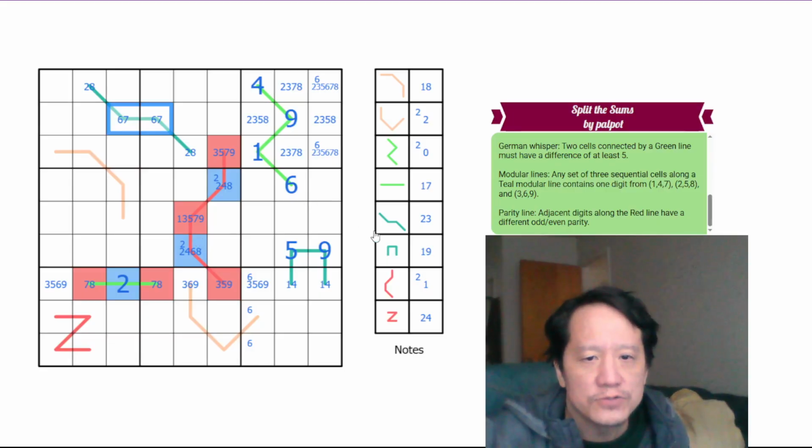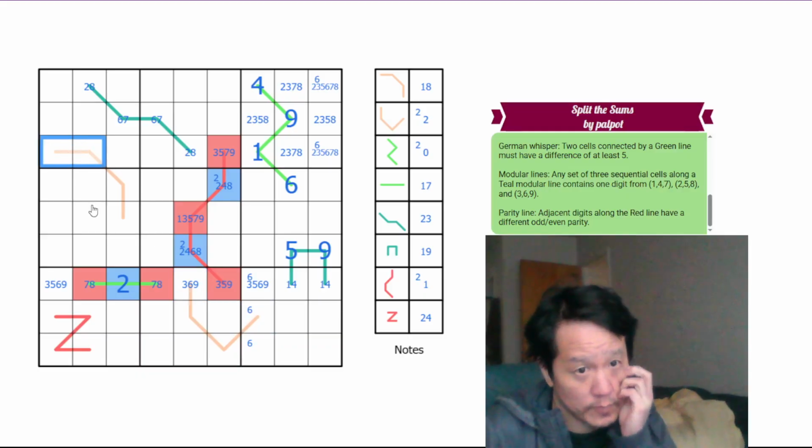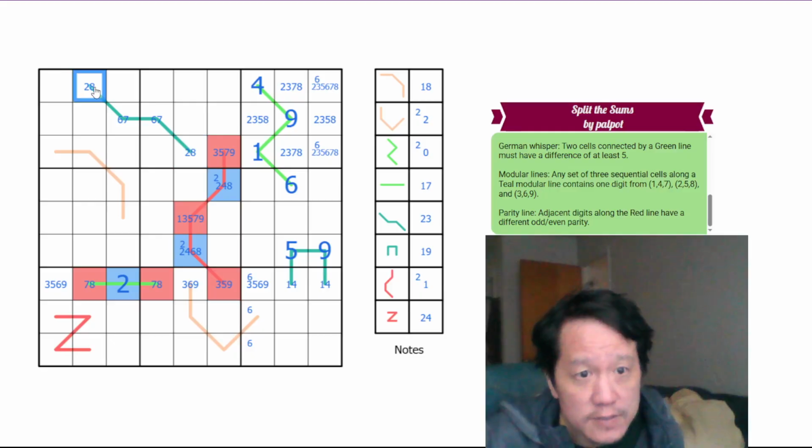Okay. What else do we know? This is 24. One can't be either of these. One cannot be here. Oh, these both see 2 and 8. So neither of these can be 2 or 8.